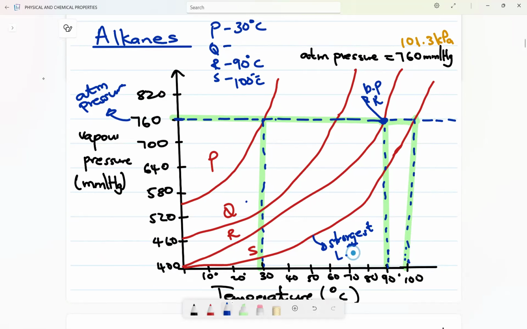Why am I saying it has the strongest London forces? Because it has the highest boiling point. This one has the weakest London forces. Therefore, this one is strongest.